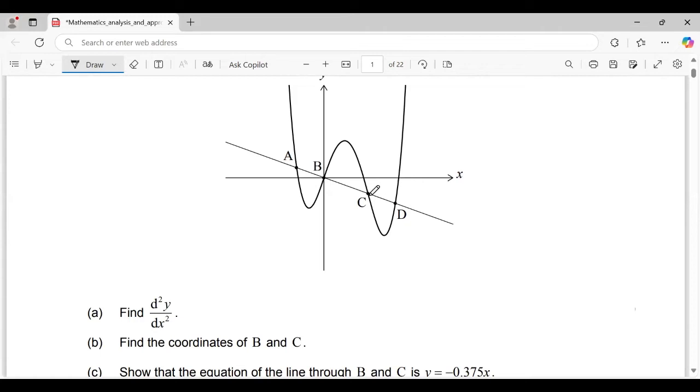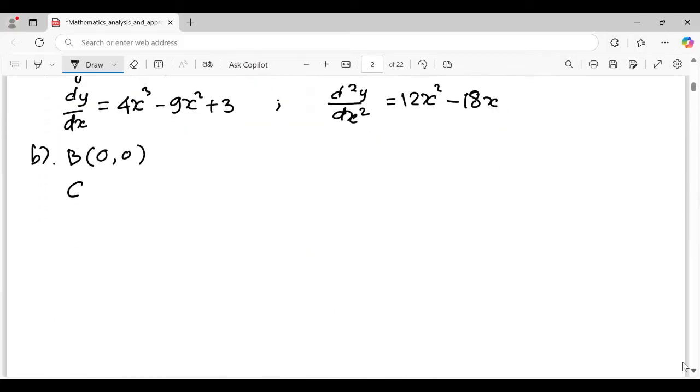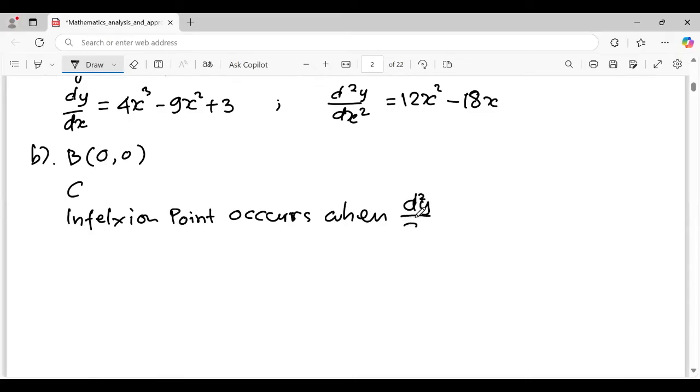But now, we're going to determine C through the rule that an inflection point occurs when the second derivative equals 0.